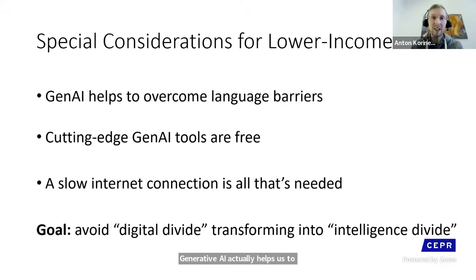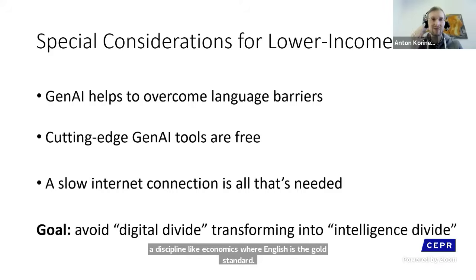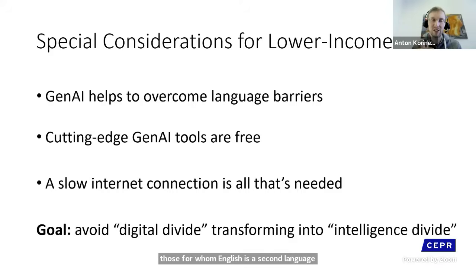In a discipline like economics, where English is the gold standard, those for whom English is a second language are at a little bit of a disadvantage. Yet, with generative AI, we can reduce that disadvantage. We can make sure that the texts that we produce are first rate, immaculate to read. And that is really highly valuable.